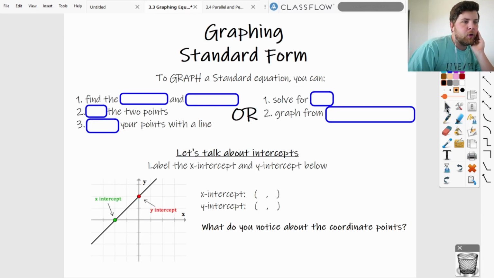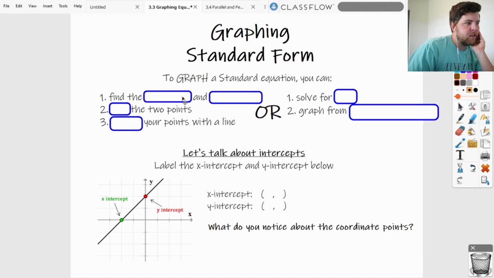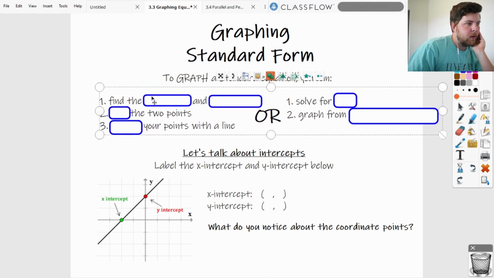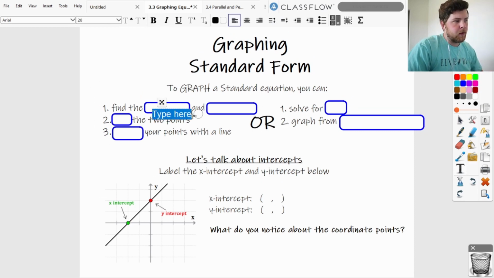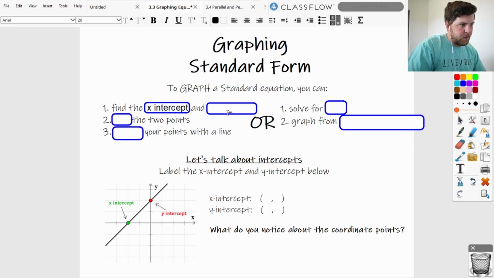You could find the x-intercept and the y-intercept.